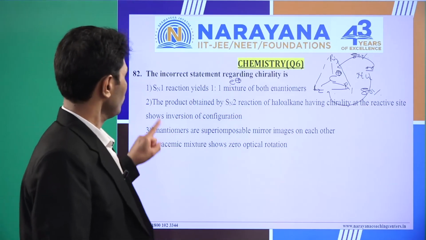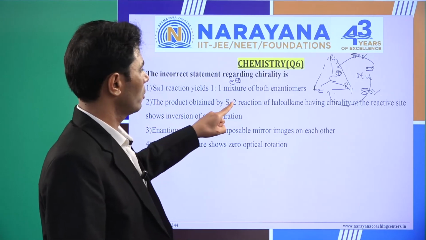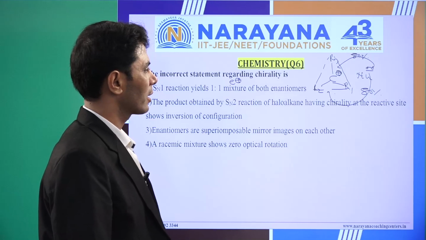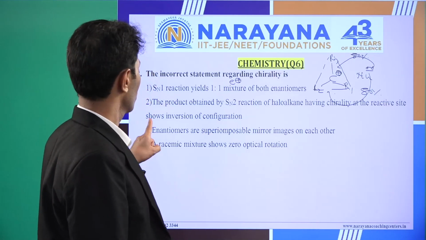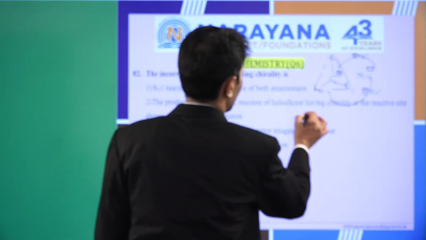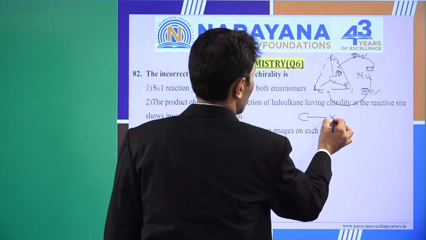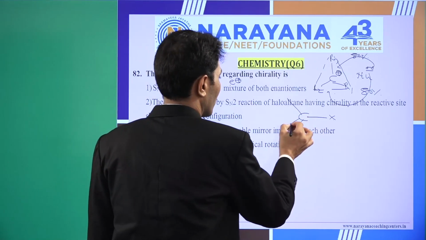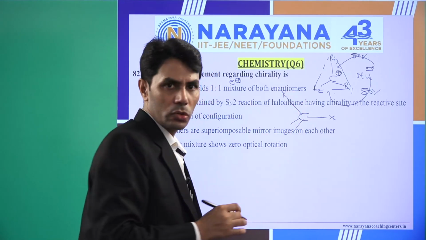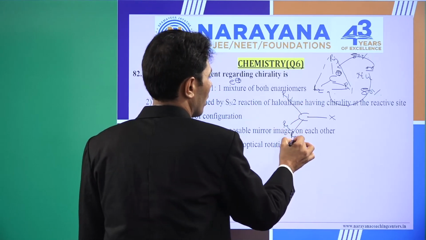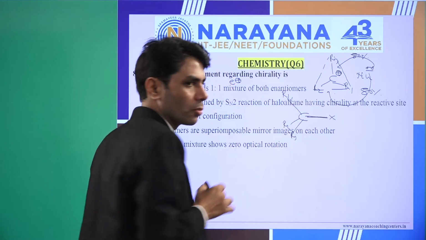Second thing, the product obtained by SN2 reaction of haloalkane having chirality at the reactive site shows inversion of configuration. Yes, you know it. In SN2, the halogen is released only after the attack of the nucleophile. Suppose it is R1, R2, R3 and carbon halogen group.